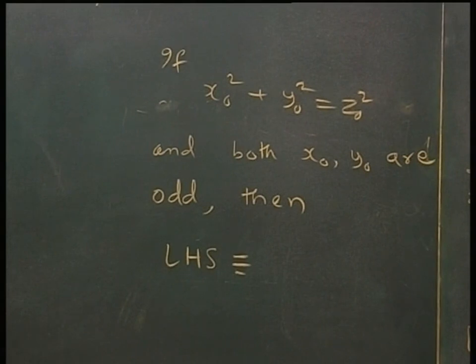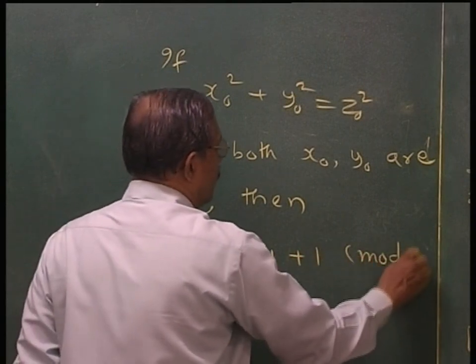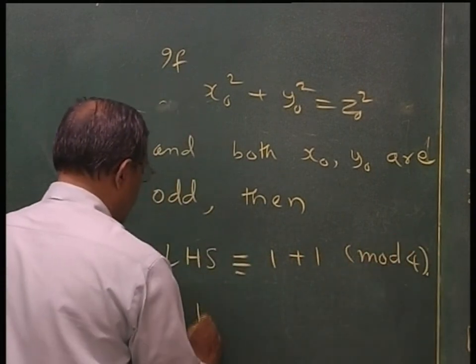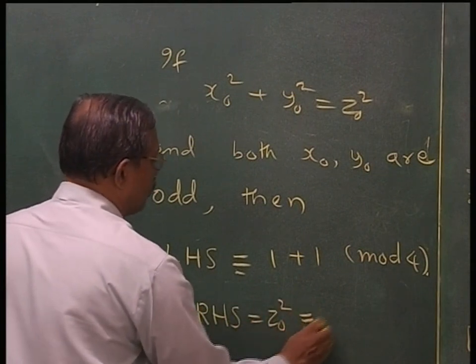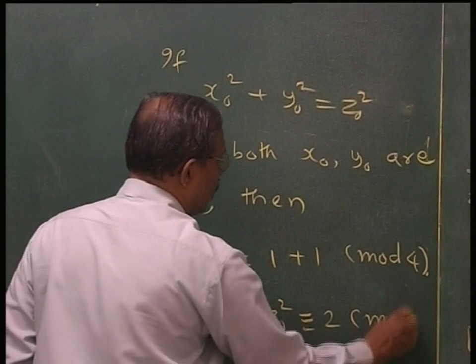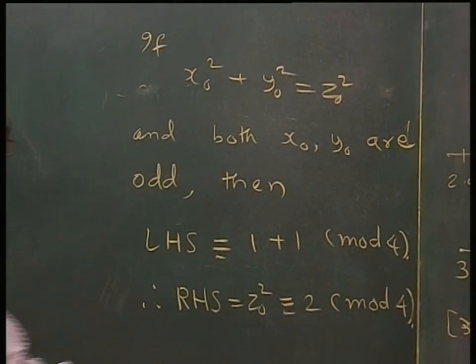So x naught square is 1 mod 4, y naught square is also 1 mod 4. 1 plus 1 mod 4. Therefore, the right hand side, z naught square, is congruent to 2 mod 4. And this is a contradiction.